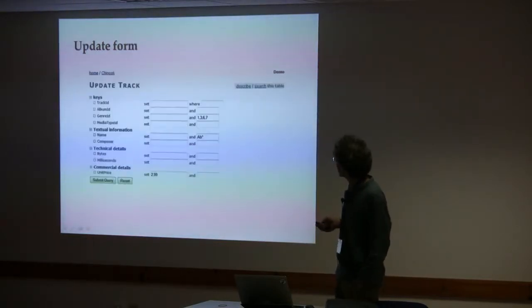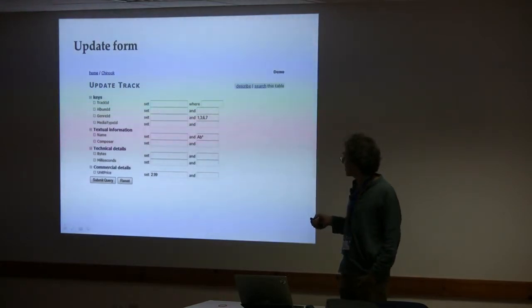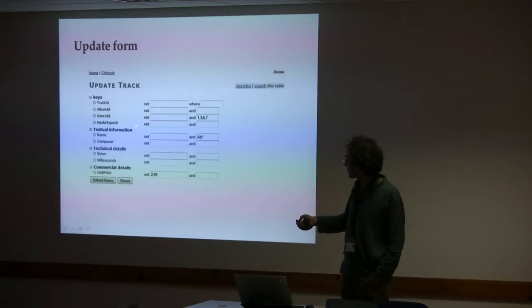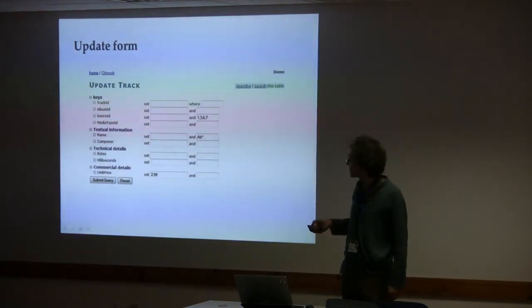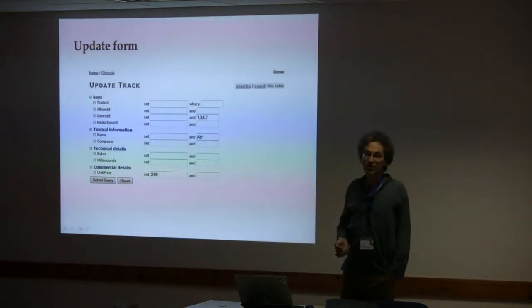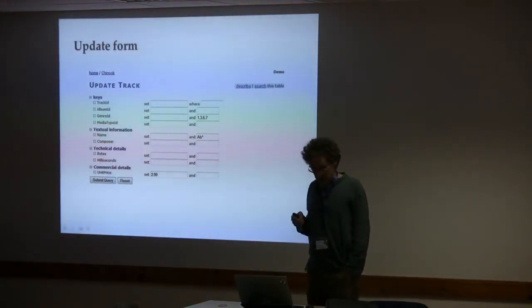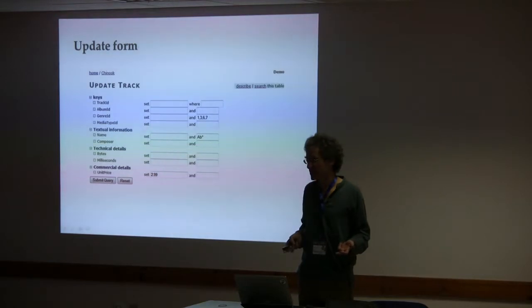So then they get to this screen, where on the right-hand side you have all the criteria, and on the left-hand side you have what the new value is. So here I'm going to update the unit price of a number of tracks. Of course, this is very powerful and might be very dangerous to your data.